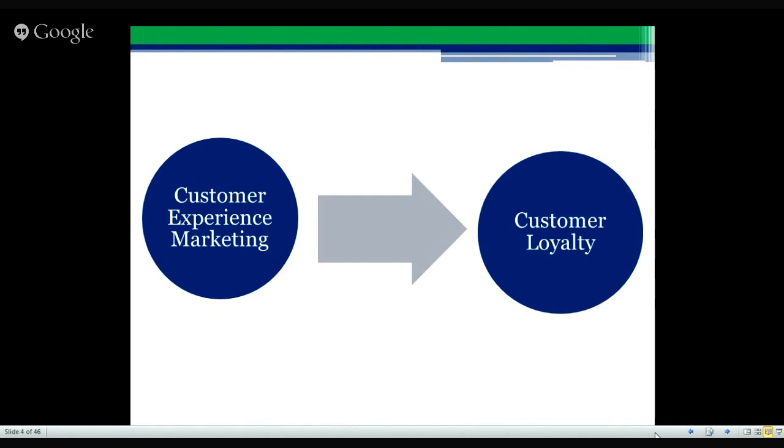If a customer doesn't have a good experience with the brand, the switching cost is low, and it's very possible for the customer to go and switch to another brand if they don't have a good experience with your brand. So it's important to have that exceptional experience and really create that emotional connection with your customer to create customer loyalty.